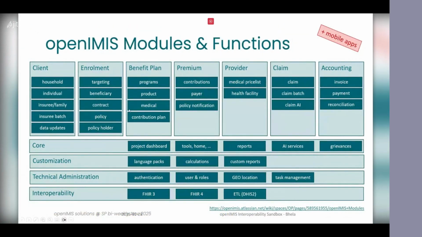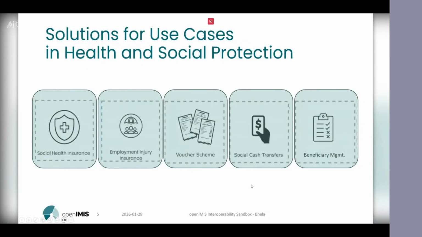So let me start by showing you the complexity of the openIMIS modules, and this is only a broad overview. There are many more detailed code blocks and functionality blocks that play a role in openIMIS, which is difficult for people to grasp. That's why, on the one side, we have started talking about solutions.